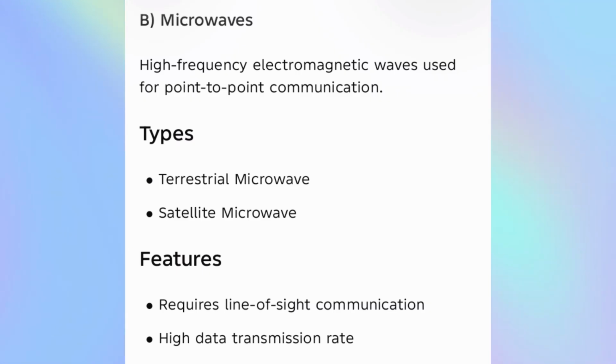Microwaves are high frequency electromagnetic waves used for point to point communication. Types: terrestrial microwaves and satellite microwaves. They require line of sight communication and give a high data transmission rate.